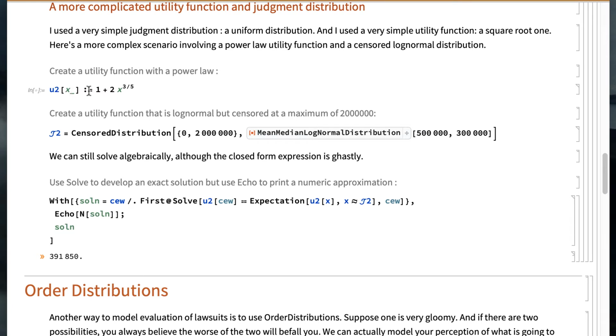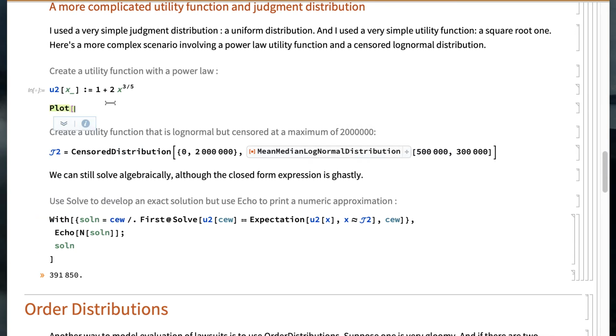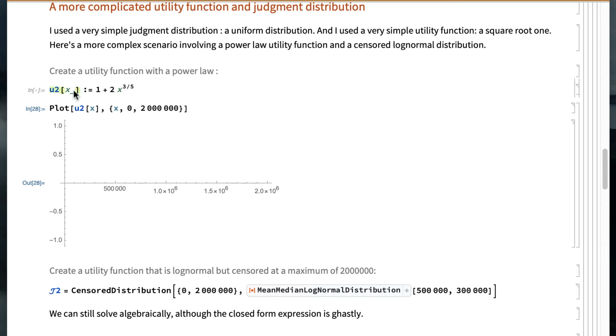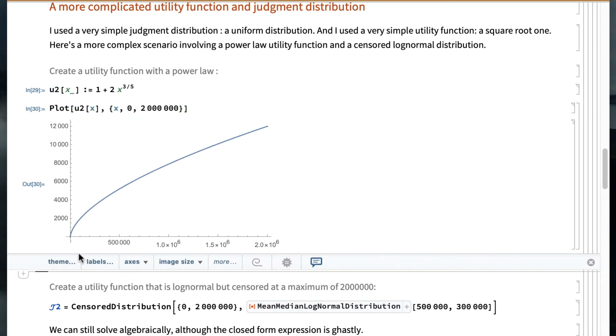So u2 of x is equal to 1 plus 2 to the x to the 3/5 power. Probably would be worth plotting that just so we have a sense what that looks like. Let's take this from 0 to 2 million. That's 20 million. And it died. That's because I forgot to evaluate it. Okay, let's evaluate it. And there we go. So that's what it looks like.